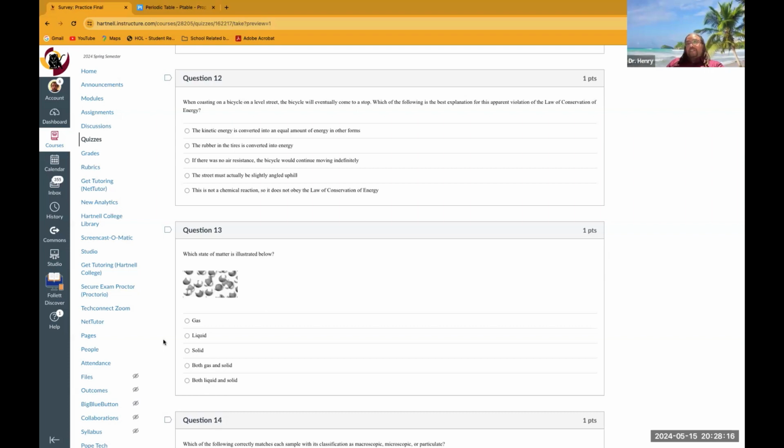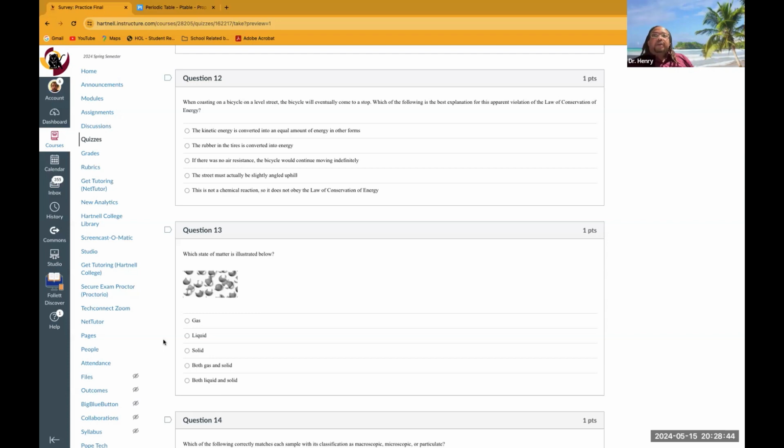Okay, number 12. When coasting on a bicycle on a level street, the bicycle will eventually come to a stop. Which of the following is the best explanation for this apparent violation of the conservation of energy? A, the kinetic energy is converted into equal amounts of other forms of energy.